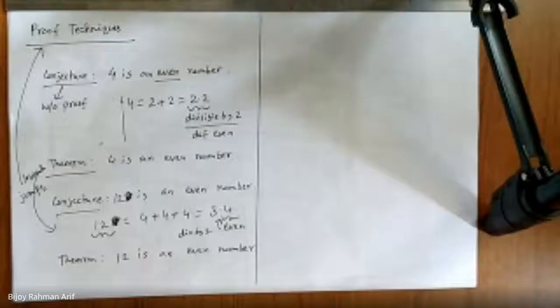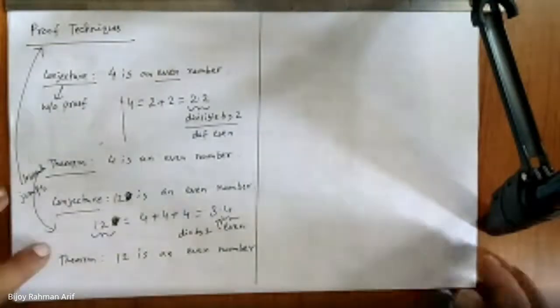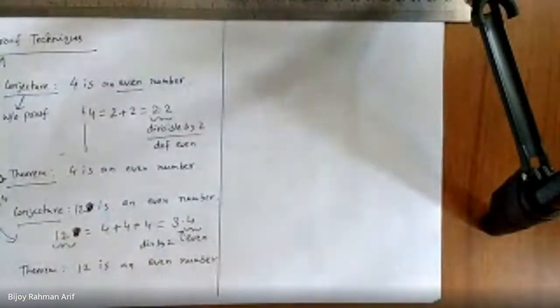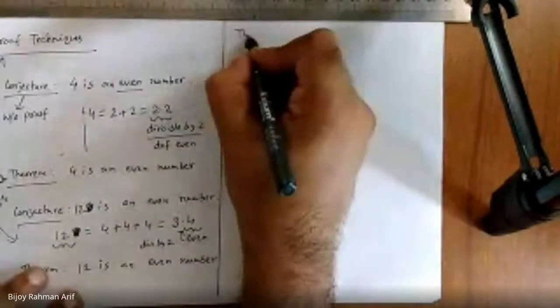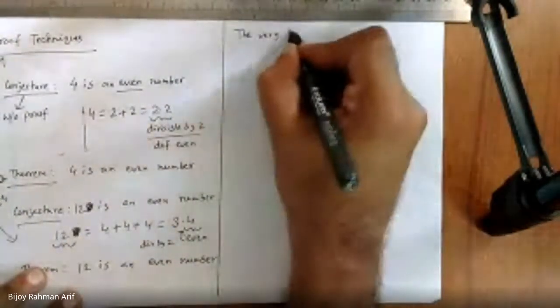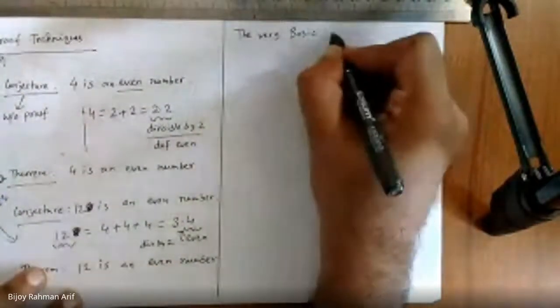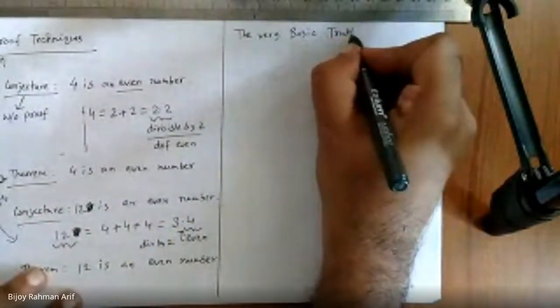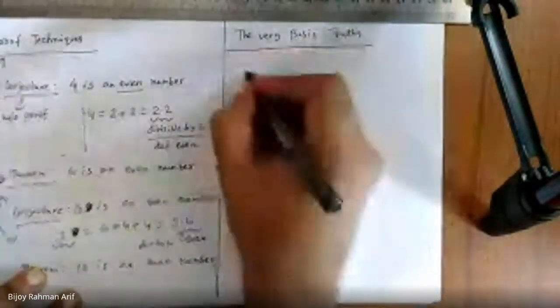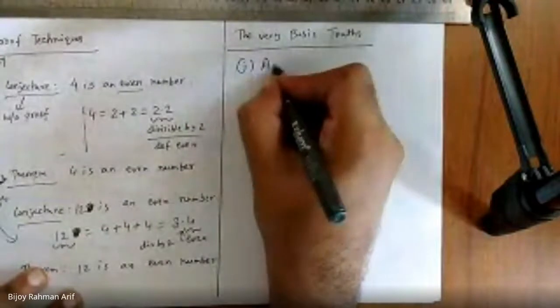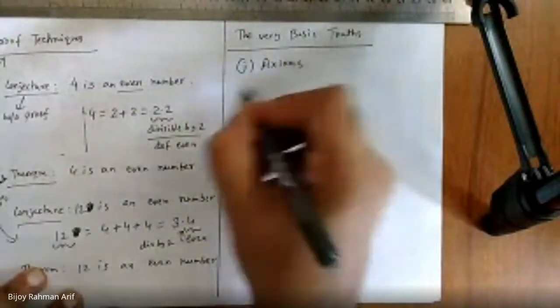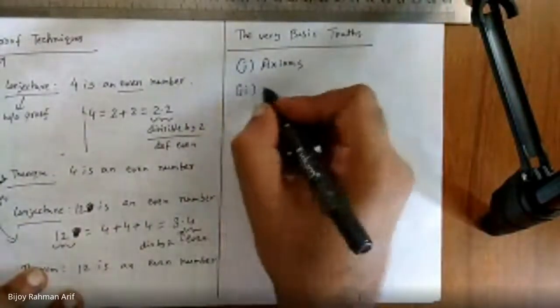Let's start with formal proof techniques. Before starting proof techniques, we need to know a few things which are always considered true, the very basics. One is called axioms. The second is called principle.